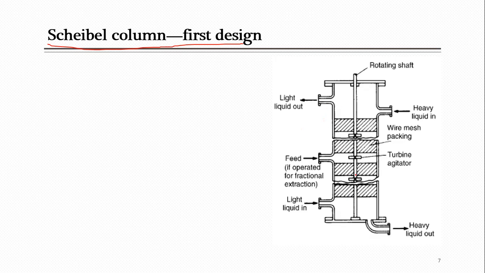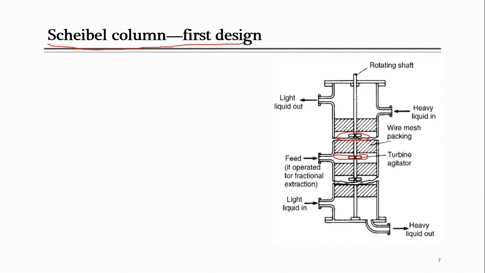So this tower consists of packing, and yesterday we said that when we jumped from the spray tower to the packed tower, this is a good one. Packing helps us improve the mass transfer, as well as reduce back mixing. So in such cases, when you are using packings, you can increase agitation with the help of an agitator assembly. What is this assembly? This is just one rotating shaft, connected with some rotating elements at various points.